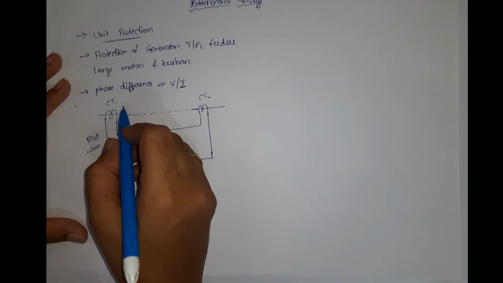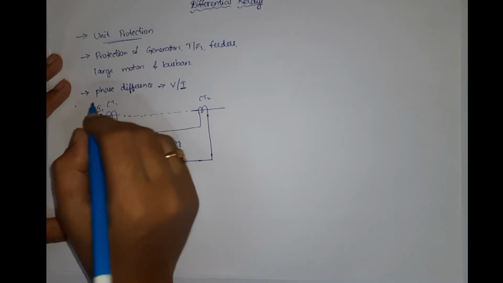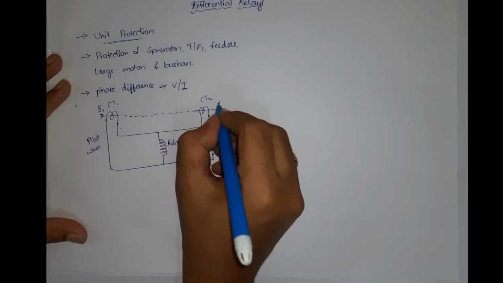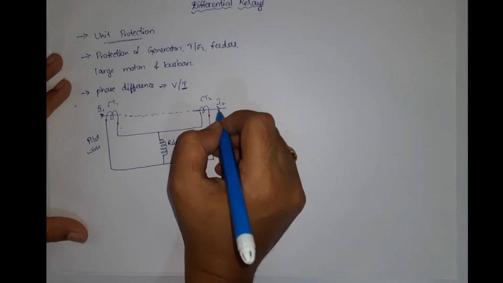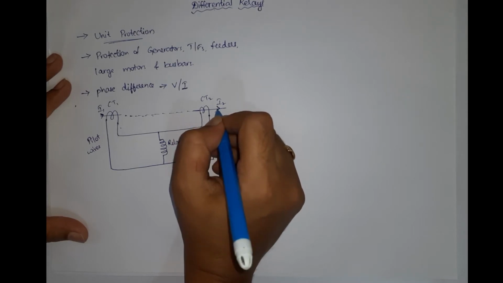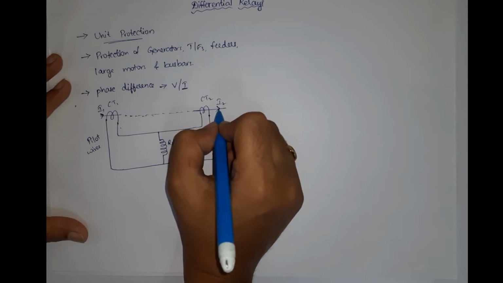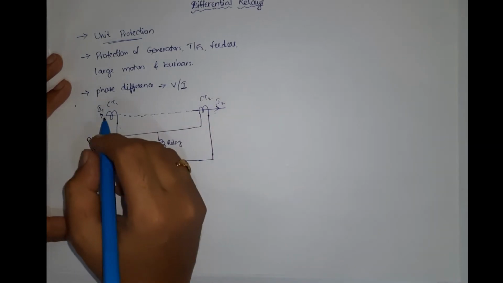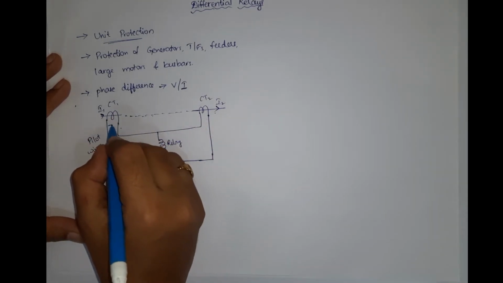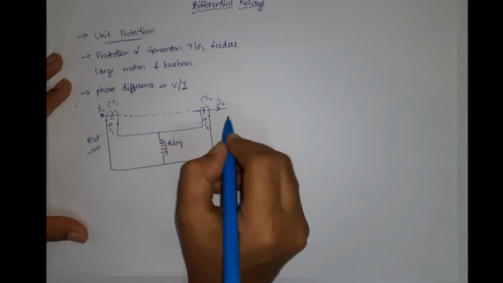Let us assume the current flowing through CT1 is I1 and the current flowing through CT2 is I2. One thing to note here is that the current flowing through current transformer 2 may be in either direction. That means if it is a double fed system, the direction of current is opposite to that represented in this diagram. The induced current is I1 here and I2 here.